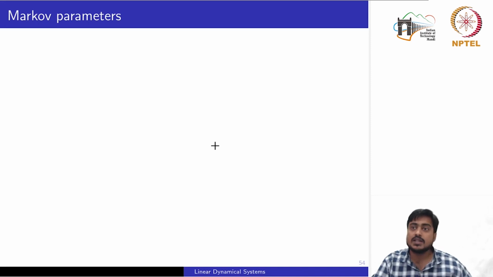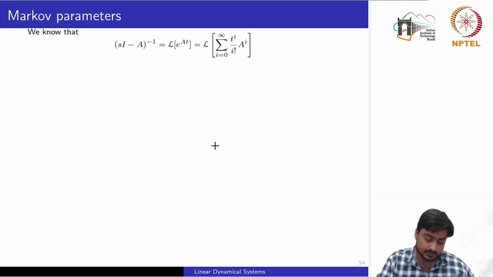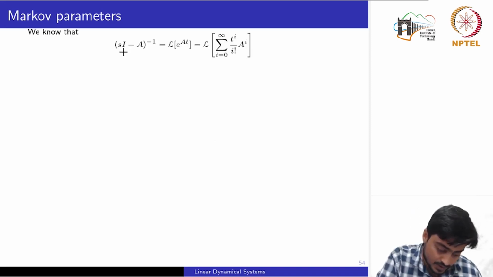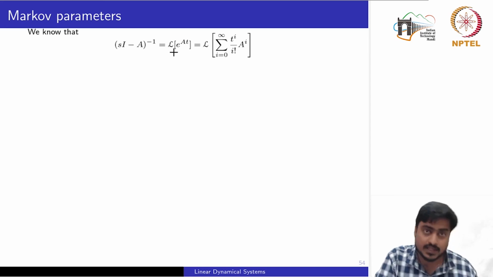Before answering that question, first of all we will introduce the Markov parameters. We know that the inverse of (sI minus A) is basically the Laplace transform of the matrix exponential, that is e to the power At.